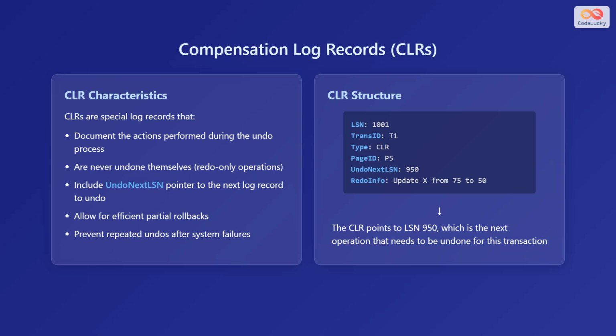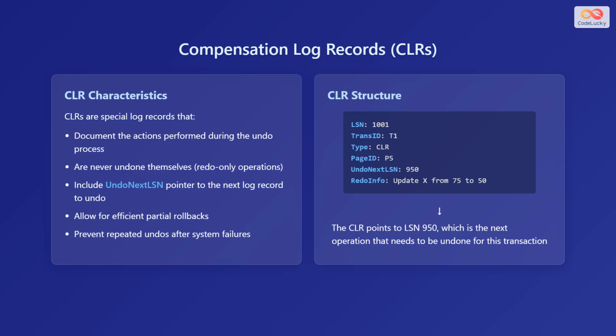Here is an example of a CLR structure. The LSN is 1001. The transaction ID is T1. The type is CLR. The page ID is P5.